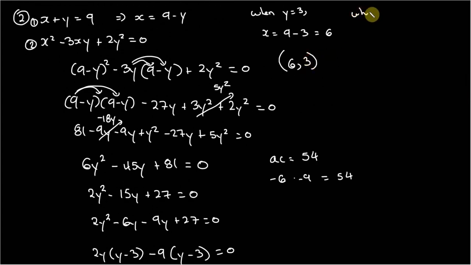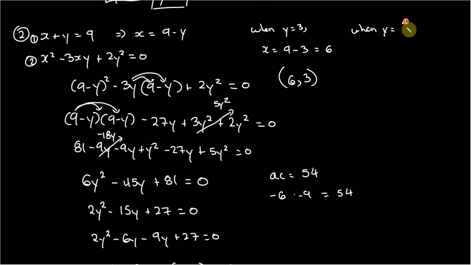And now when y equals 9 over 2, x is going to equal 9 minus 9 over 2, and so we're just going to multiply this 9 by 2, so it's going to be 18 over 2, which is of course going to just leave us with, well, 18 minus 9 is just 9, so we're going to end up with 9 over 2, which could also be written as 4 and 1/2 if you wanted.